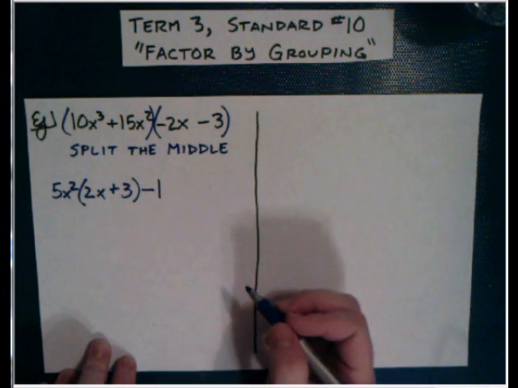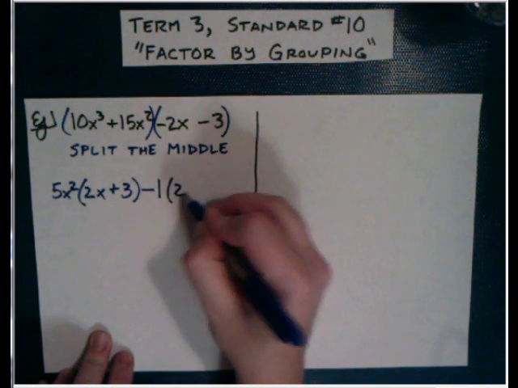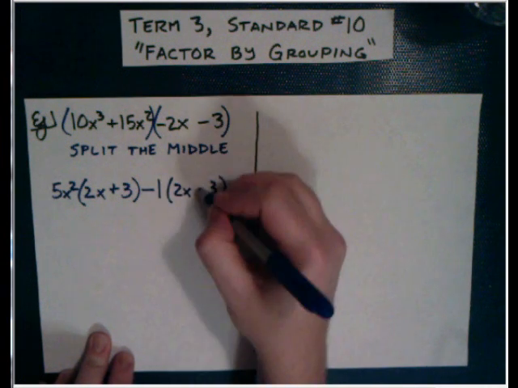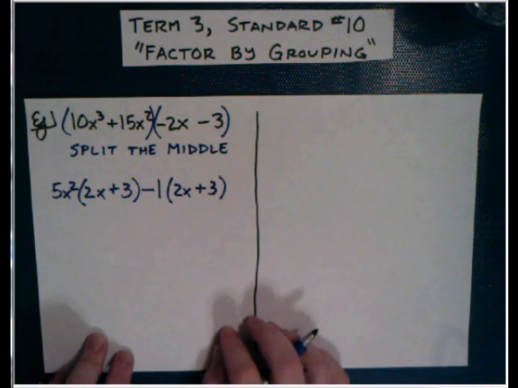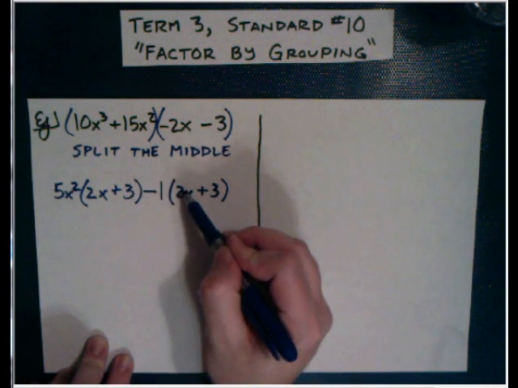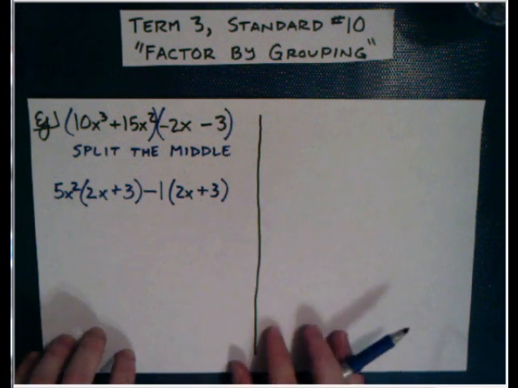There wouldn't be anything in our table that we'd cross out. So we're just going to pull out a minus 1, and that's going to leave me 2x and 3, but since we pulled out that negative sign, this is going to become a plus sign. And that can be kind of tough, but if we were to multiply it back in, this would become negative 2x, negative 3, which is what we originally had. So that's just to make sure we satisfy everything.